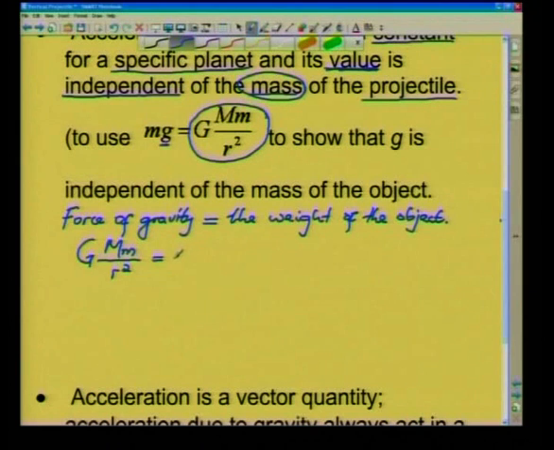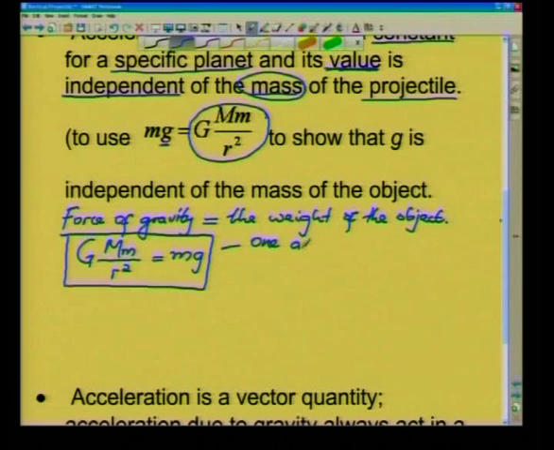This should be equal to the weight of the object, and the weight of the object is given by mass times acceleration due to gravity g. Now, because here we're looking at one object, it's one and the same object, so we're talking about the same mass.